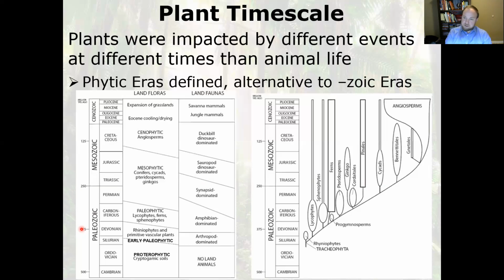And going from Mesozoic to Cenozoic is that transition from the age of reptiles, the dinosaurs, into the age of mammals, us. So generally we think about the timescale as animals, but for paleobotany, that's not quite as useful. So there's this concept of phytic eras that have been defined that are an alternative to the zoic eras that we're more familiar with.